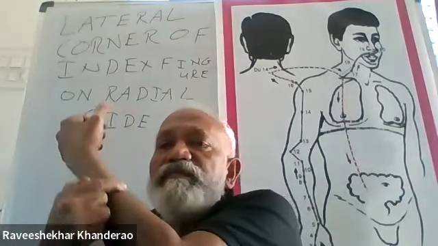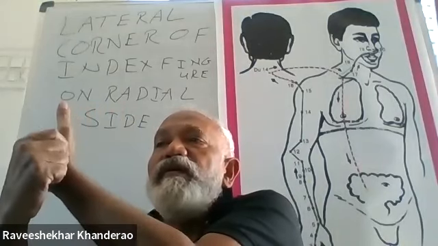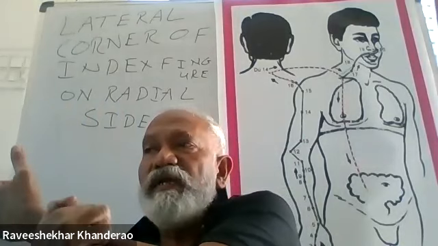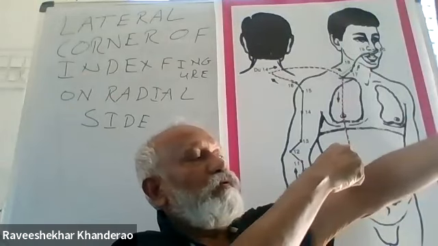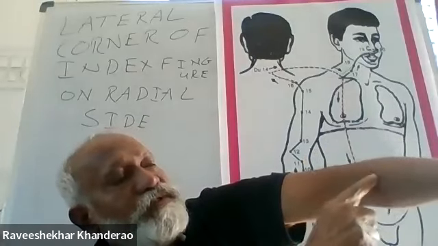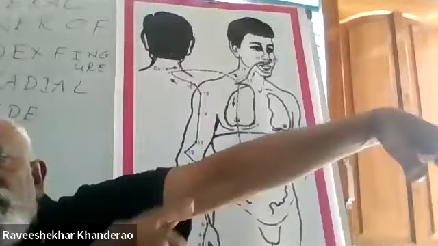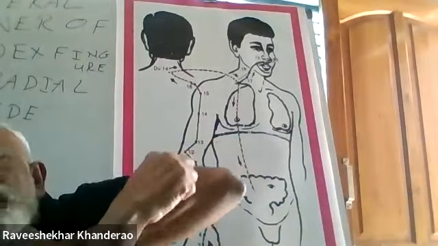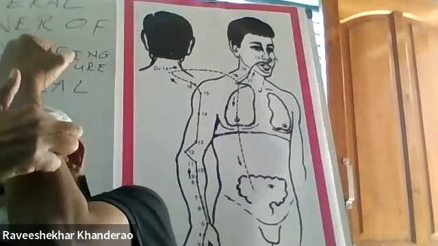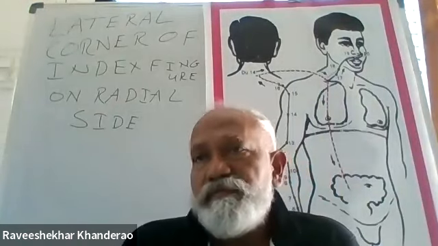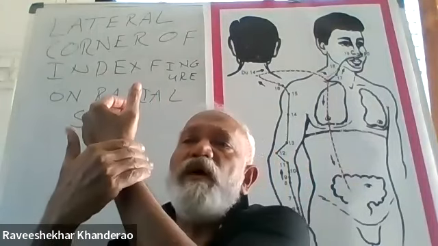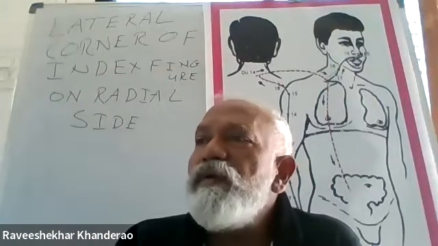Li11 is here, at the crease. If you join this line from the anatomical snuffbox, the point is 3 chun above Yangxi, 3 chun proximal to Li5.